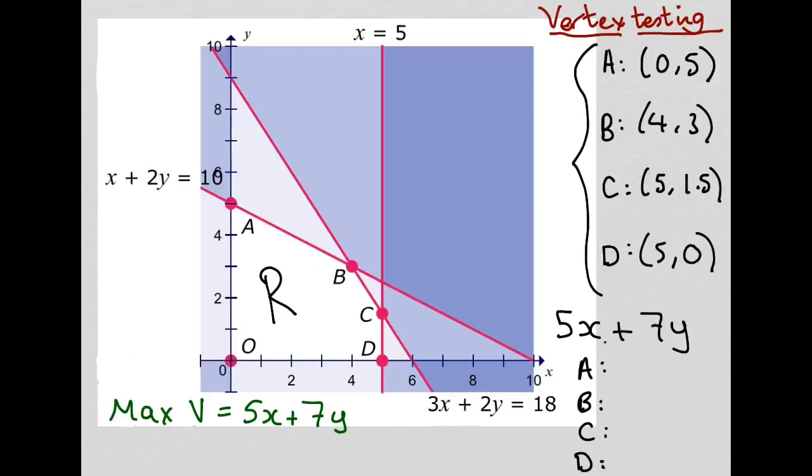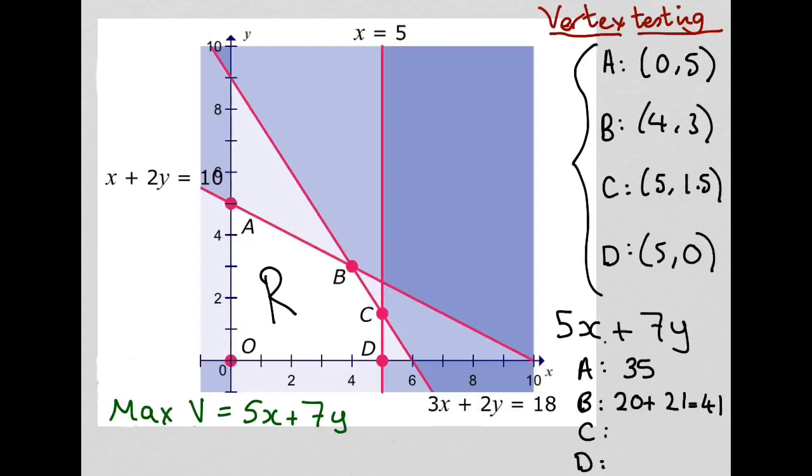So, point A, 5 times 0 plus 7 times 5, I get 35. Point B, 5 times 4, 7 times 3, so I get 20 plus 21, 41.